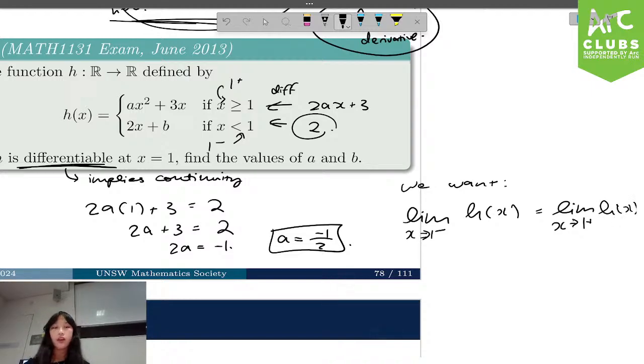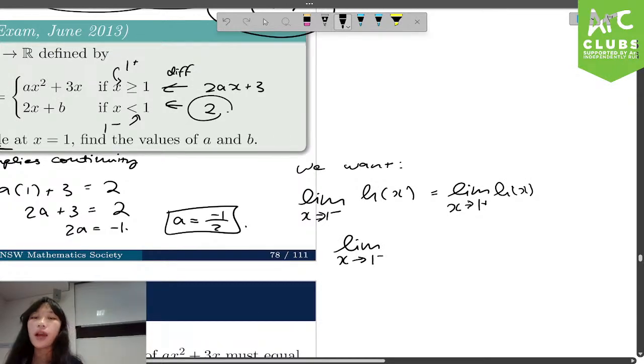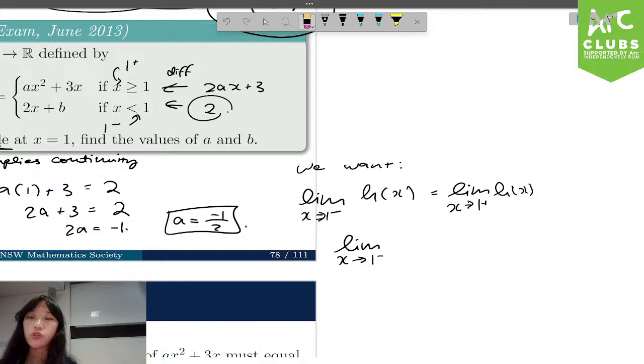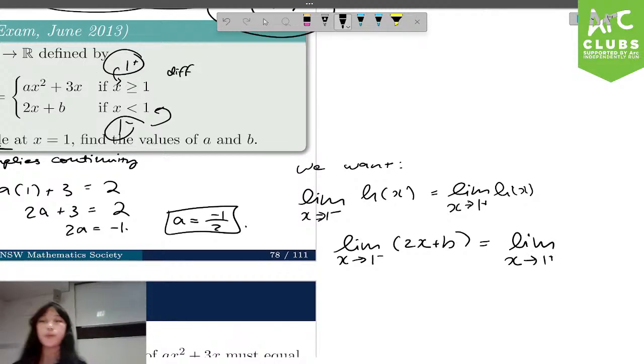Yeah? And essentially, when we're approaching from the left-hand side, exactly the same as we did with the derivative, we have to pay attention to this branch, right? So it's 2x plus b here. Whereas if we're approaching from the right-hand side, we're approaching from this branch.